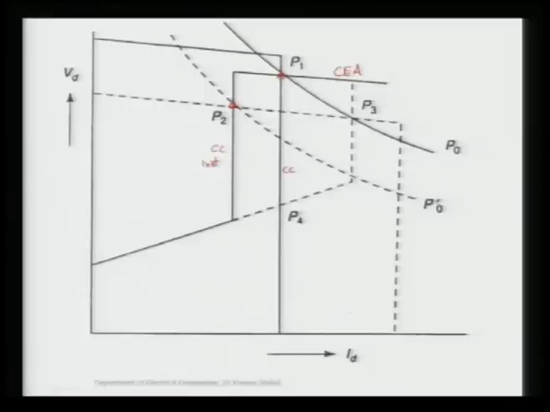Now you can say the power is decreased. Now what we do is, we want this CC characteristic to shift from here to here. If you shift this axis, it will cut somewhere at this point, because this is the voltage and you are shifting here. In this case, the power is P3 and you are again maintaining it.